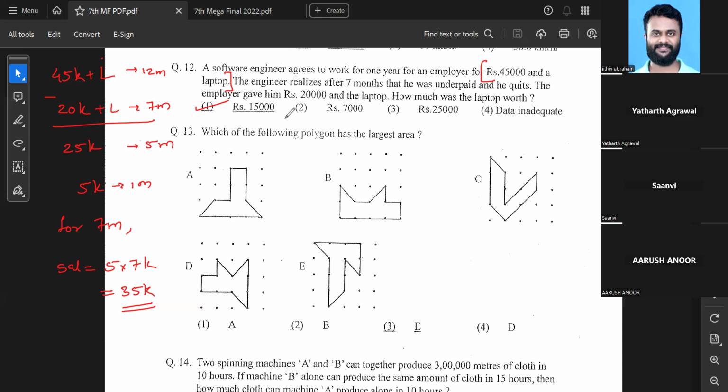You got the same answer? Yes, sir, I got 15,000 rupees. Yes, that can also be done. Correct. Got it. Fair enough.